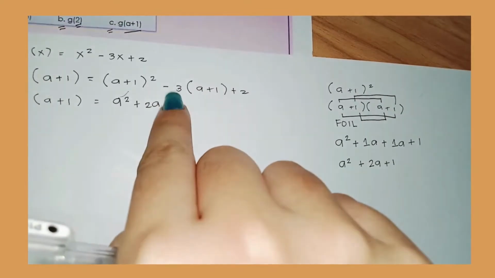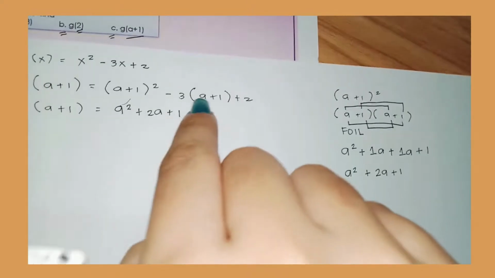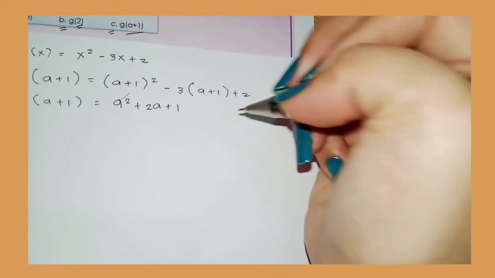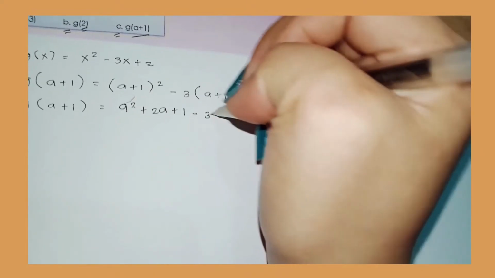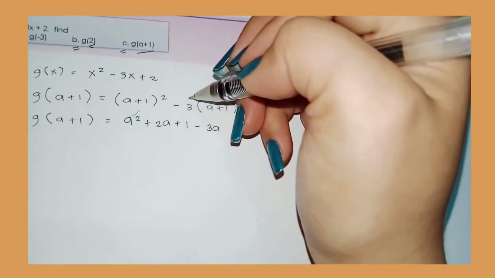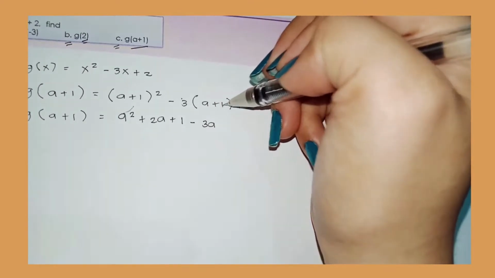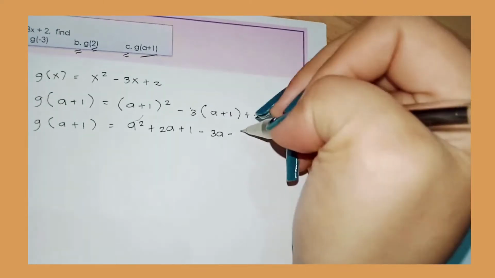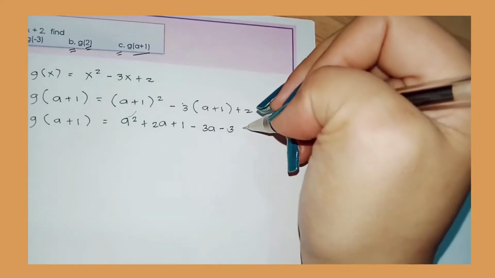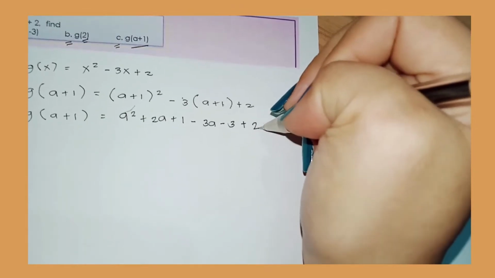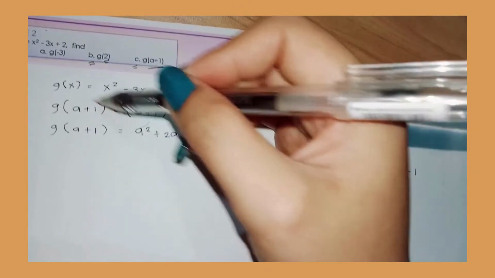Next, proceed tayo dito. Negative 3 multiply to A, the answer is negative 3A. Negative 3 multiply to 1 naman, that will be negative 3. Then copy plus 2. Again, bring down this one.